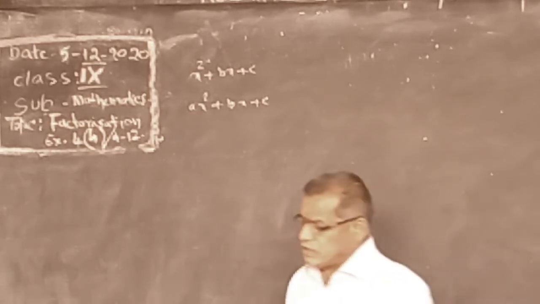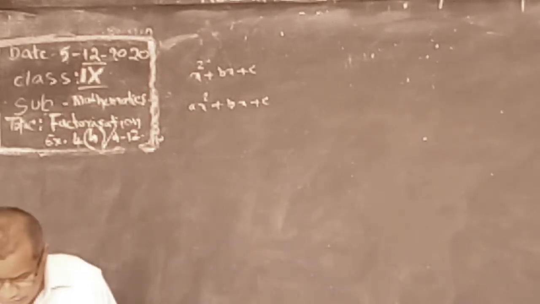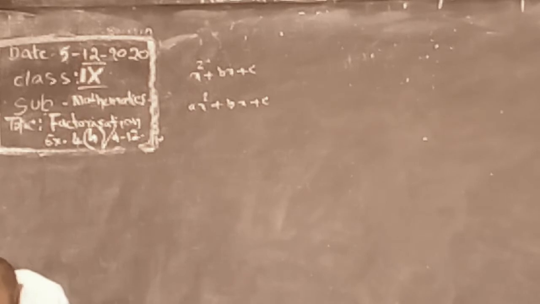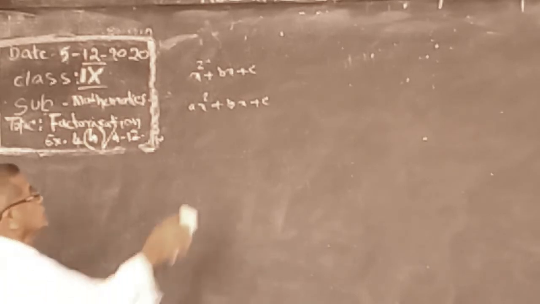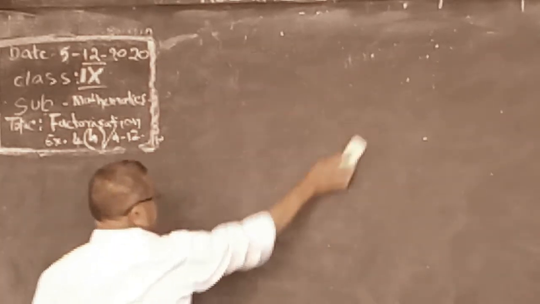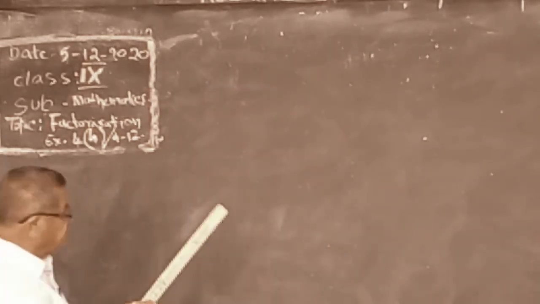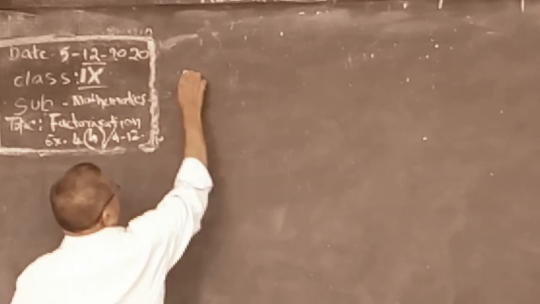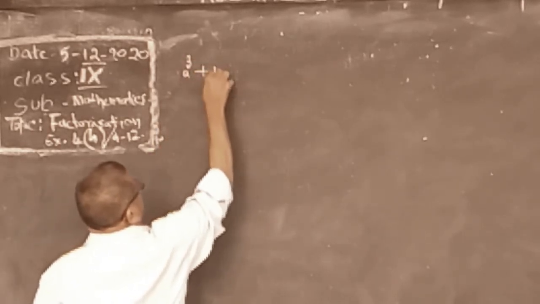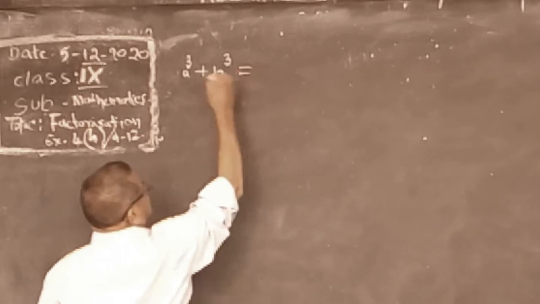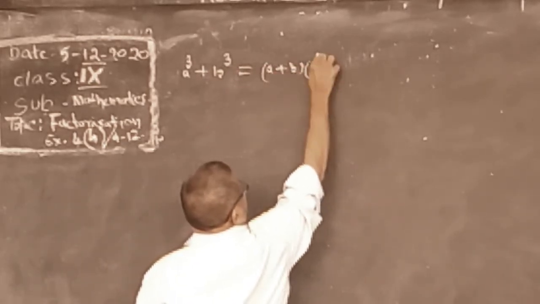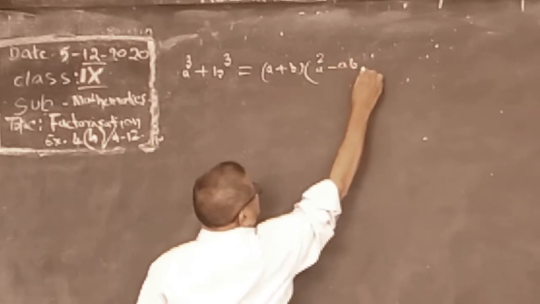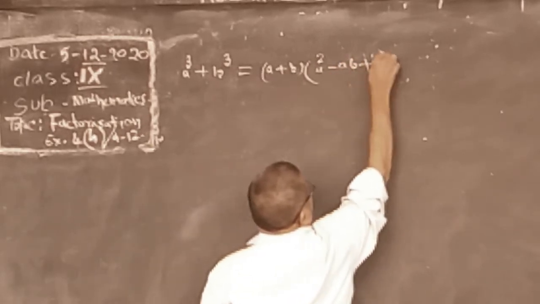Now today, one more formula: a cube plus b cube and a cube minus b cube. Then the formulas are: a cube plus b cube is equal to, we can write this as, (a plus b) into (a square minus ab plus b square).